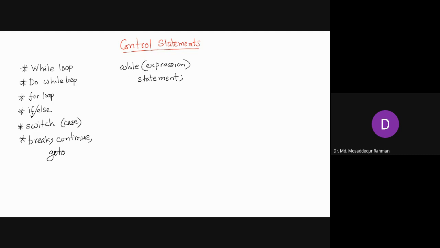So inside the bracket, you have the expression, can be a condition. As long as this is true, it will execute this statement. If the expression is true, it will execute the statement.